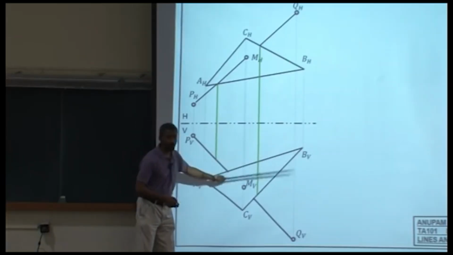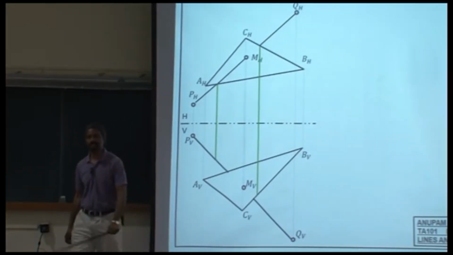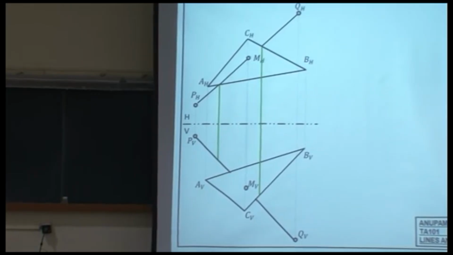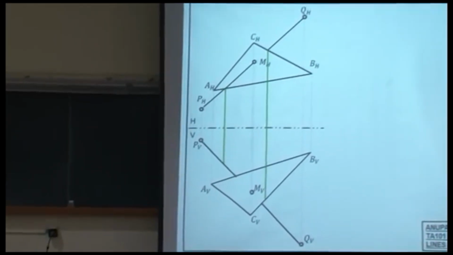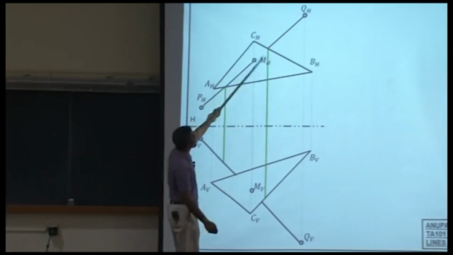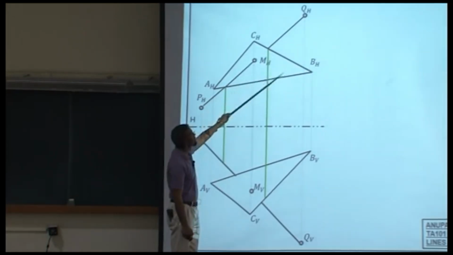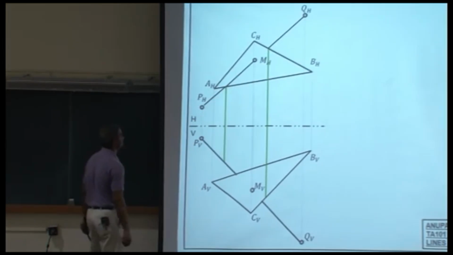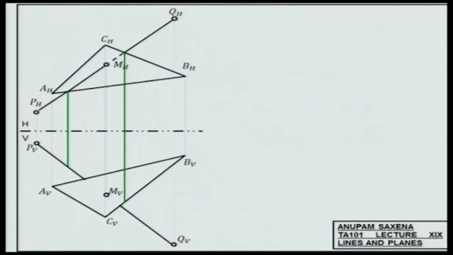The question I'm going to be asking is: is it going to be the line PQ, or is it going to be the edge BC that the vertical is going to hit first? BC. So that would mean that this part of the plane is above the line, and therefore the line is behind this part of the plane, and therefore I would show this using a dashed line.